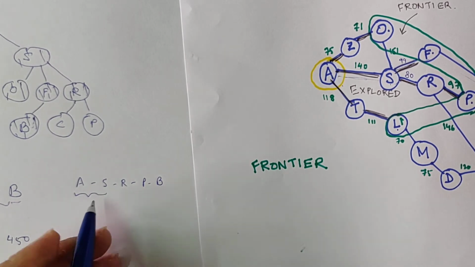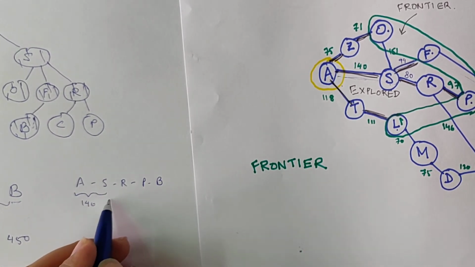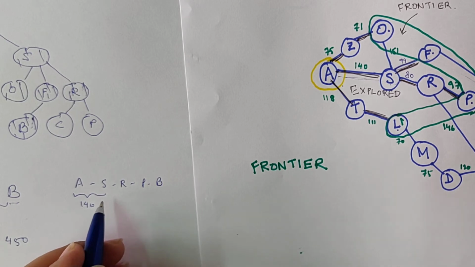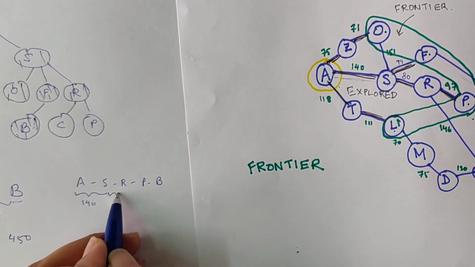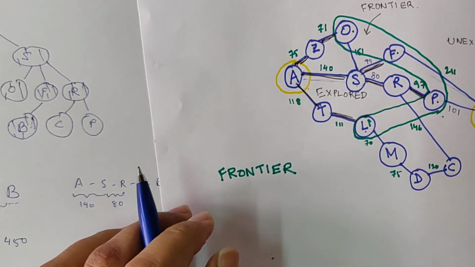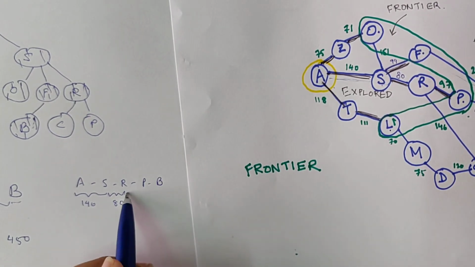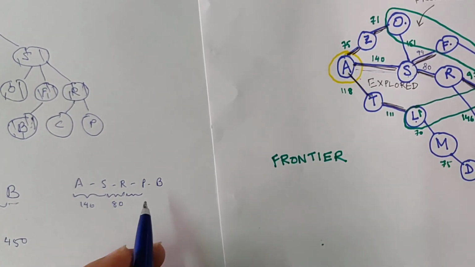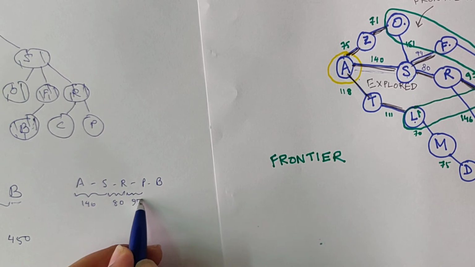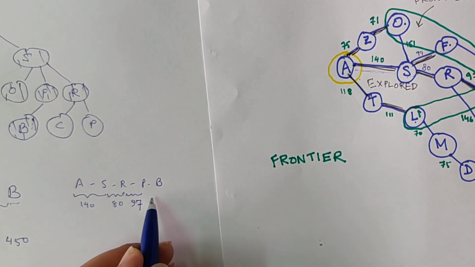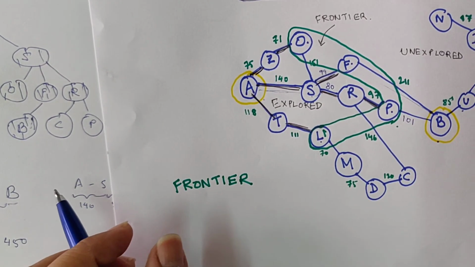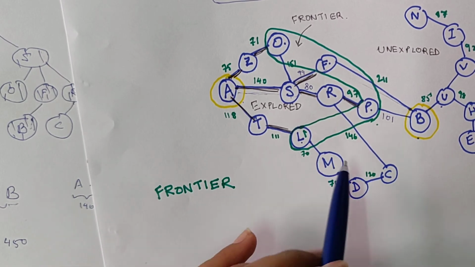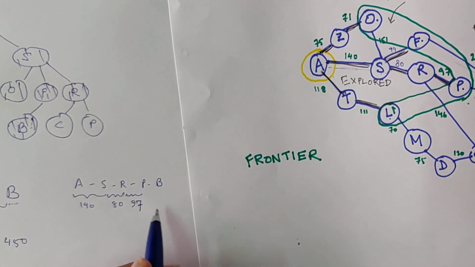From A to S I will again incur 140. From S to R it is 80. From R to P it is 97. And from P to B it is 101.